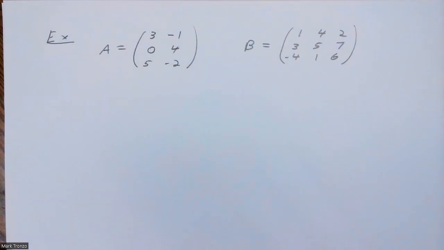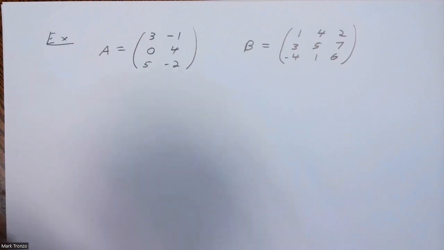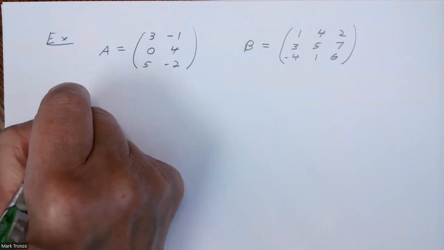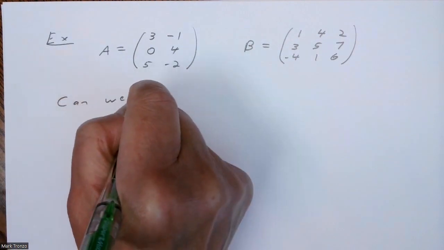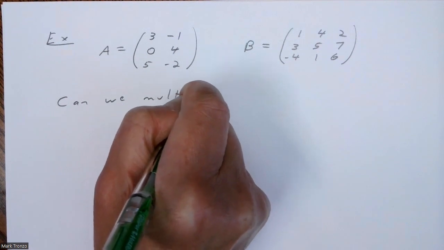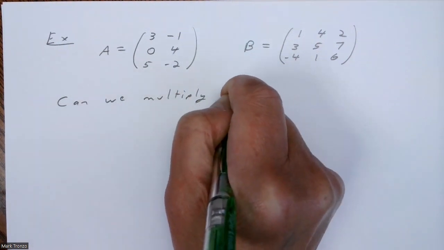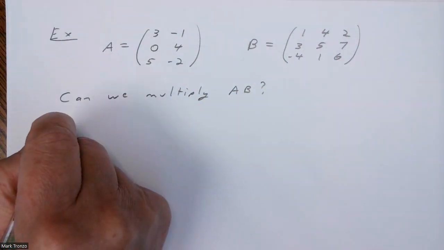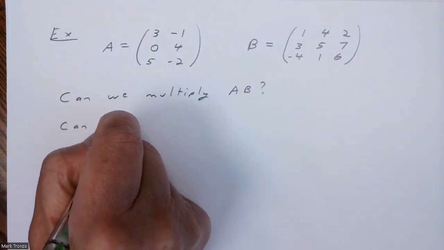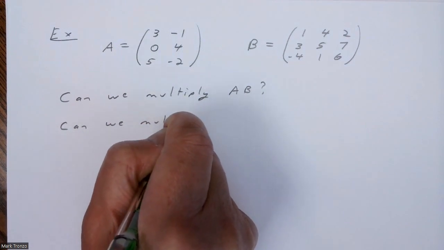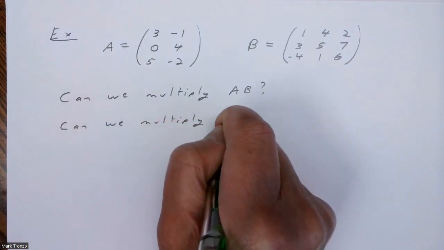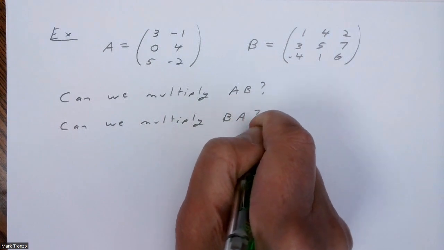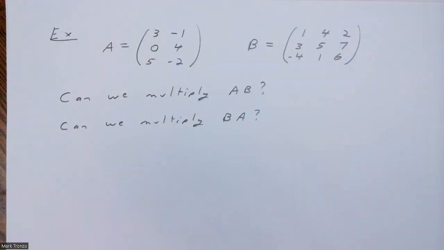So we have these two matrices. And we multiply A times B, and we multiply B times A. So take a look at this.